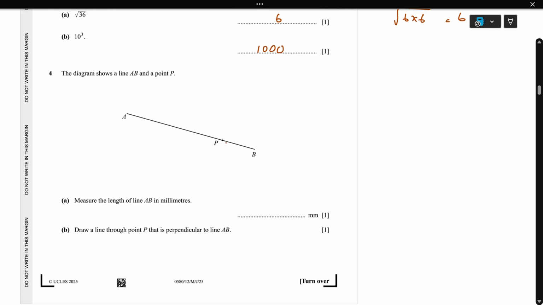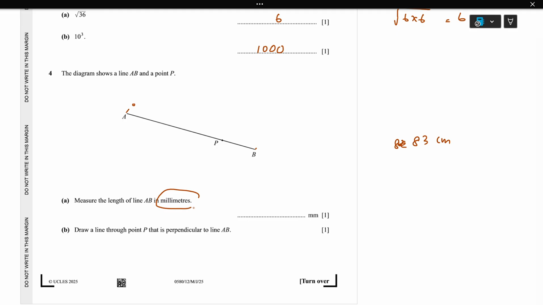Next, the diagram shows a line AB and the point P. Measure the length of line AB in millimeters. First, use a ruler and measure the length, because the 0 point is here.